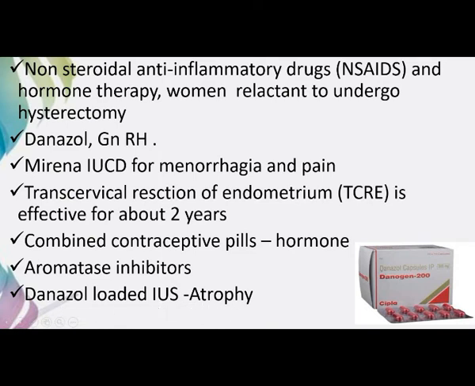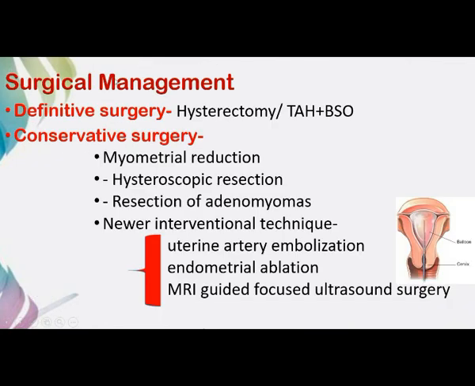So these are the medical management. Next is surgical management. Definitive surgery is hysterectomy, that is total abdominal hysterectomy plus bilateral salpingo-oophorectomy. Then conservative surgery: myometrial reduction can be done, hysteroscopic resection can be done, and resection of the adenomyosis can be done.